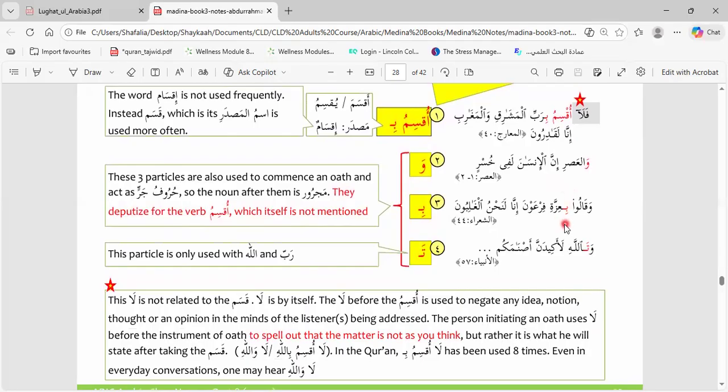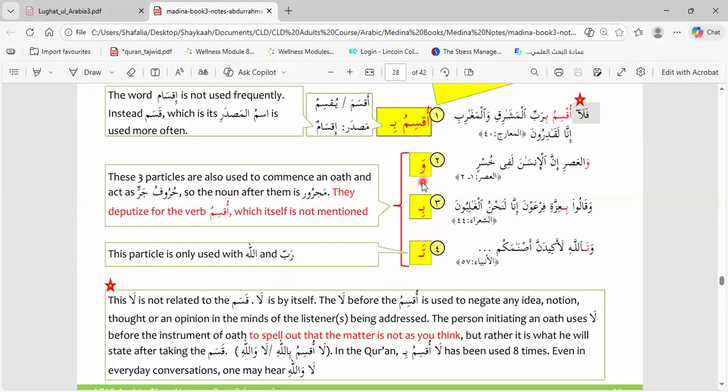And here, وَقَالُوا بِعِزَّةِ فِرْعَوْنَ. The ta particle is only used with Allah and Rabbi. The ta, wa tallahi, and then you have Allah, and you can also have Rabb.